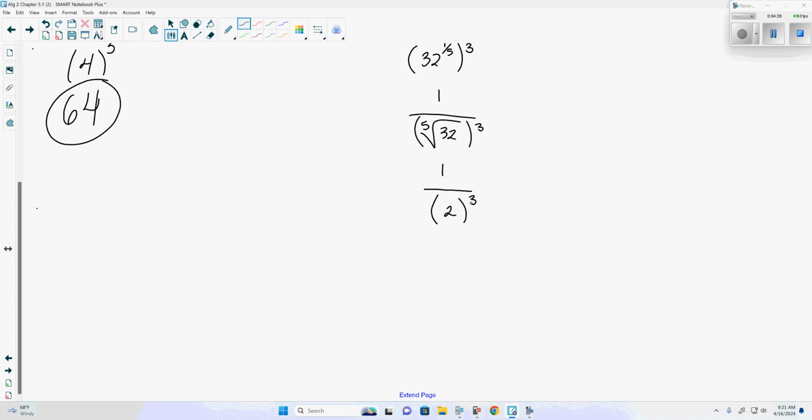And it does work out that 2 to the 5th is 32. And the last thing we have to do is cube it, which gives us 1/8. And I think if you did it in the graphing calculator, it'll probably tell you it's 0.125. Do math, enter, turn it into a fraction.